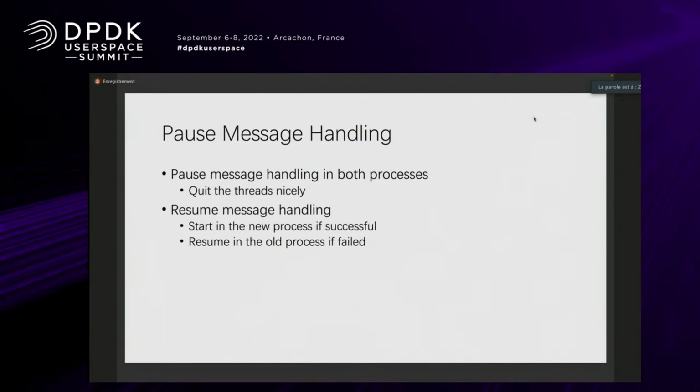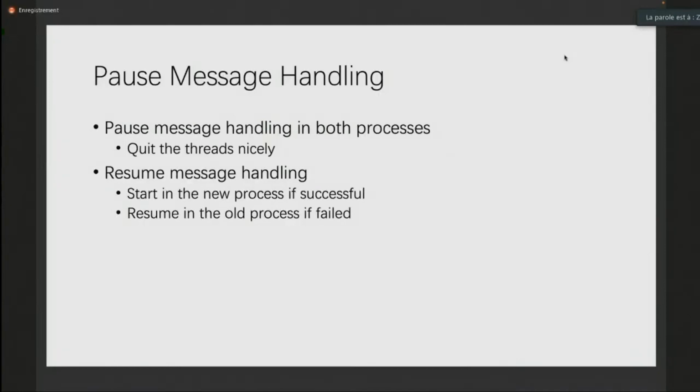Once it receives a message, it will handle that before it creates. And then after everything is done, the message handling can be resumed. If the process is done nicely, then the new process can just call the function to start the process. But if it fails, the old process can just resume the message handling and pretend nothing happened. If we want to try again, then it's okay to restart the process.